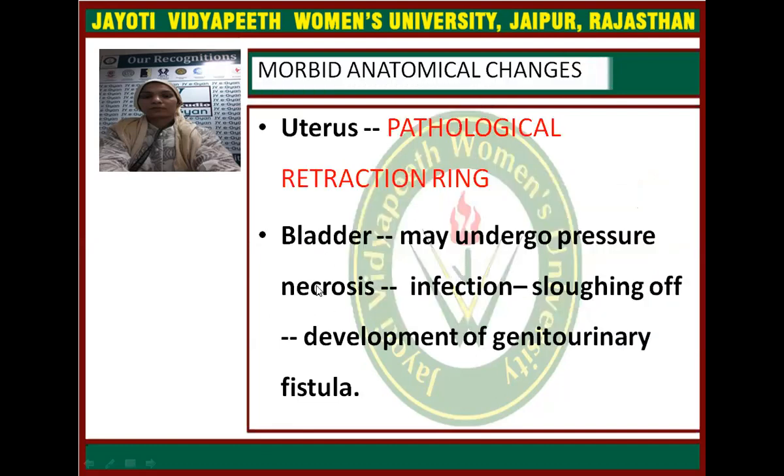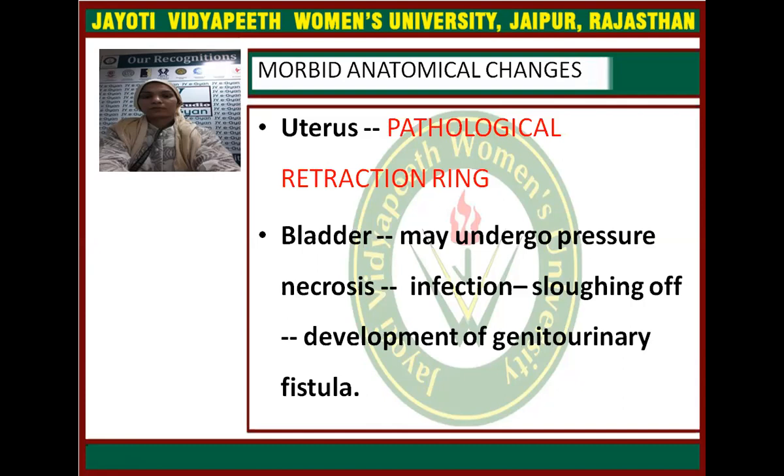Again, the next point is bladder. The bladder may undergo undue pressure, whenever the labor is obstructed, the head or any part of the fetus gets obstructed at the internal os, and it is not coming out of the os. Then what will it cause?